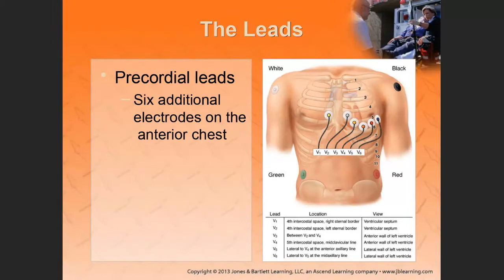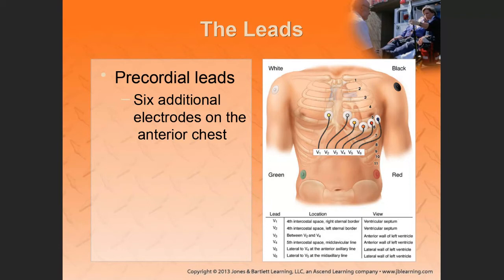Final question. If I am doing a 12 lead ECG, which leads would look at the anterior portion of the heart? Okay, so anterior is V1 to V4.